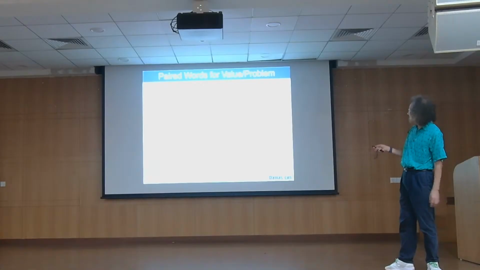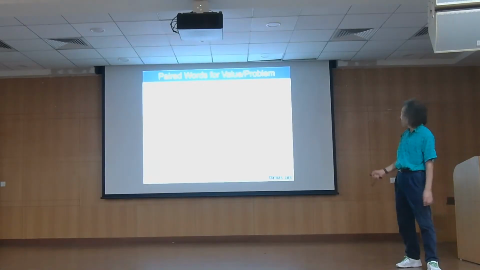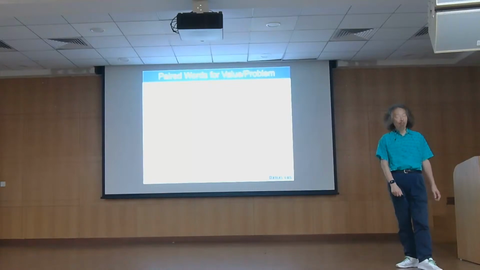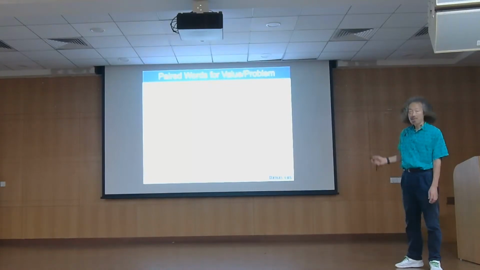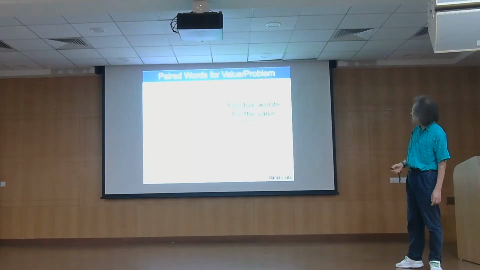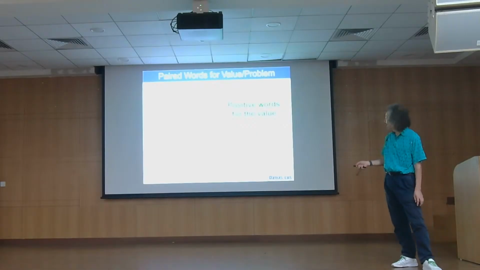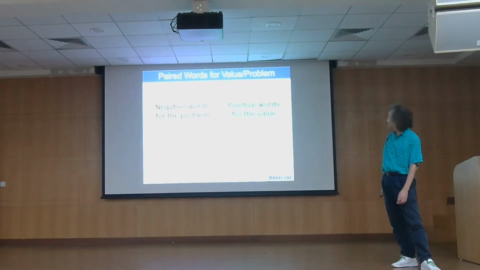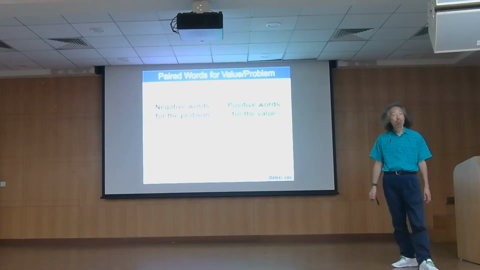Sometimes paired words are useful for value and problem identification, because value and problem are opposite. When you use one of these words, you may use the other word. I have put the positive words on the right-hand side to describe the value. I have put the negative words on the left-hand side to describe the problem.